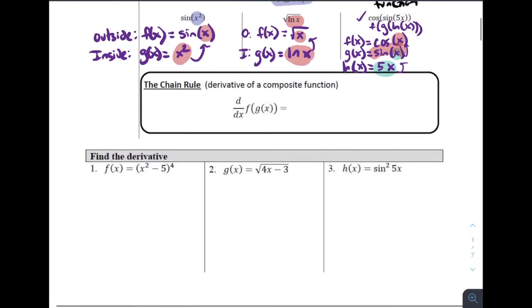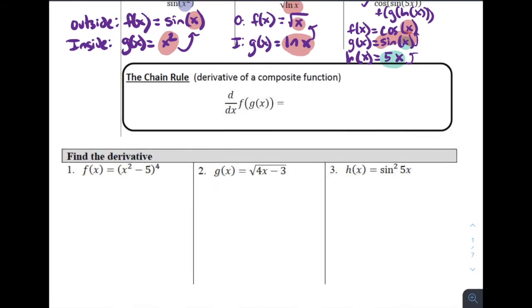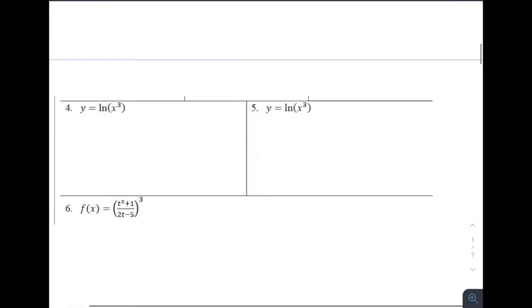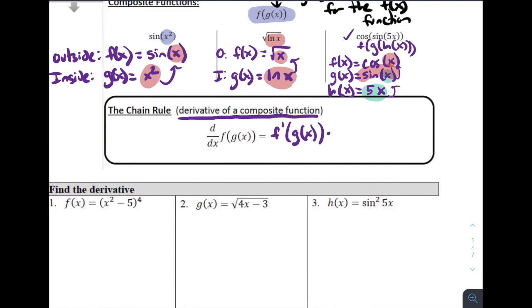What does our chain rule actually say, though? The rule itself is used to find the derivative of a composite function. A composite function is a function where we've got a function inside of another function. So the derivative of f of g of x is written as the derivative of the outside with the inside plugged in, so f prime of g of x, times the derivative of the inside, so g prime of x.